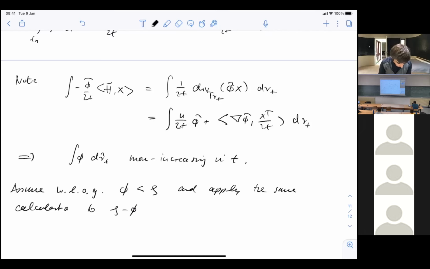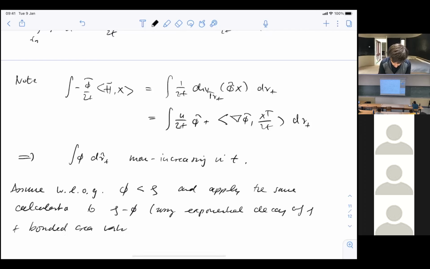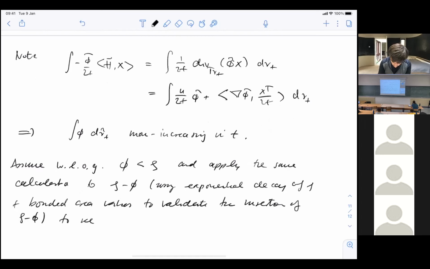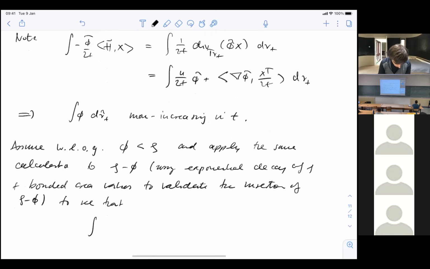So using the exponential decay of rho plus bounded area ratios, we can validate the insertion of rho minus phi, to see that also the integral of rho minus phi d nu t is non-increasing in t.